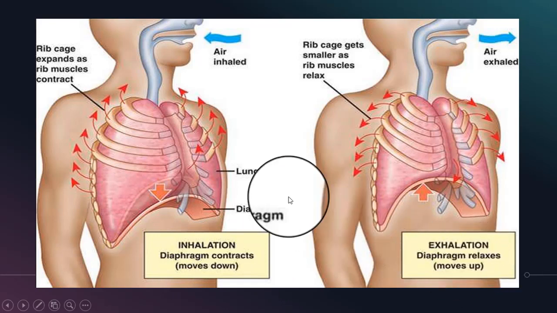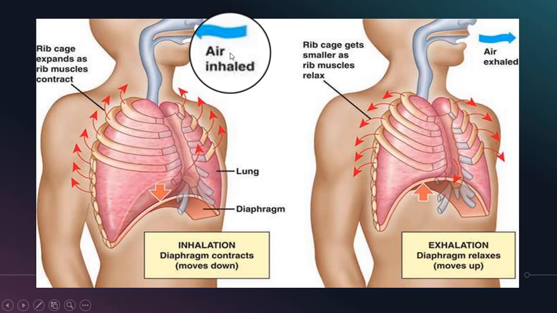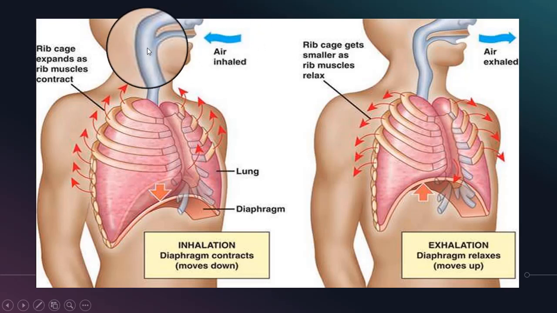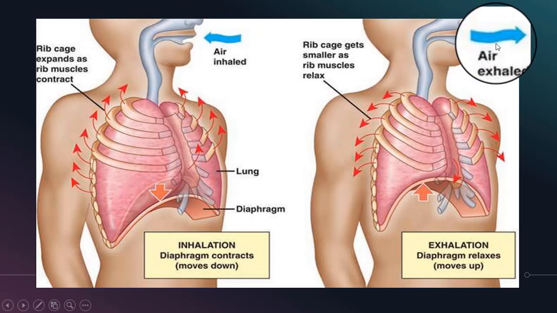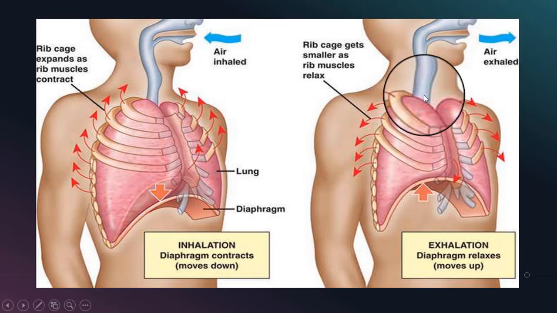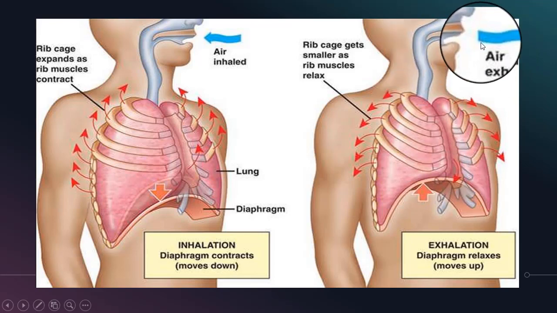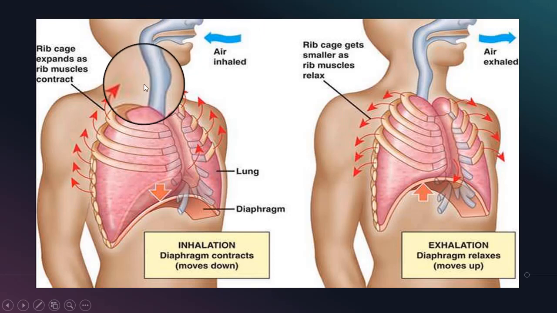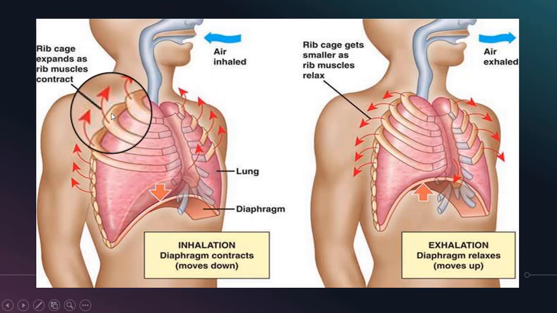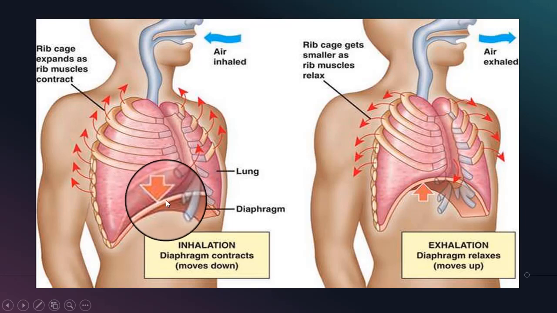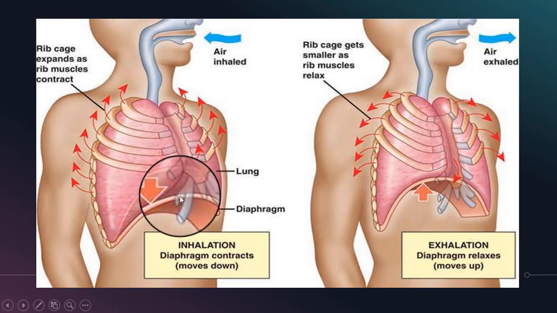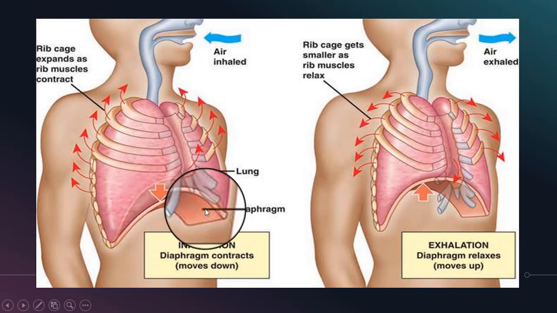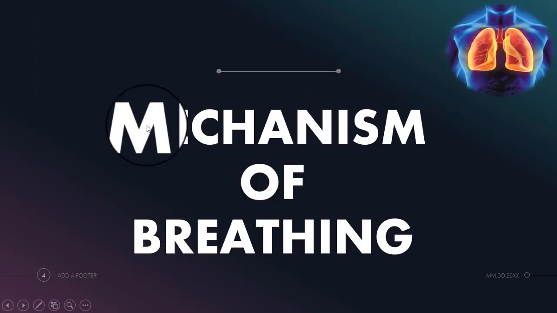The processes of inspiration, that is breathing in, and expiration, that is breathing out, are very vital for providing oxygen to the tissues and removing carbon dioxide from the body. Inspiration occurs via active contraction of muscles such as the diaphragm, whereas expiration tends to be passive unless it is forced.